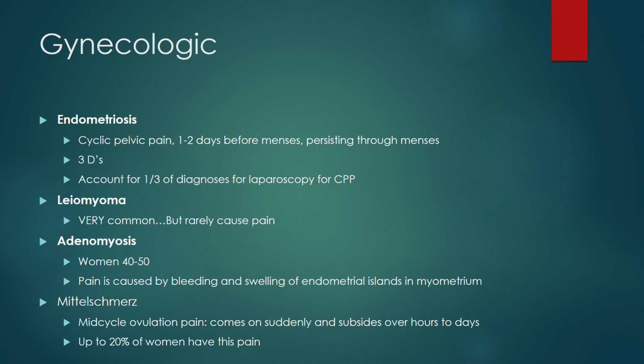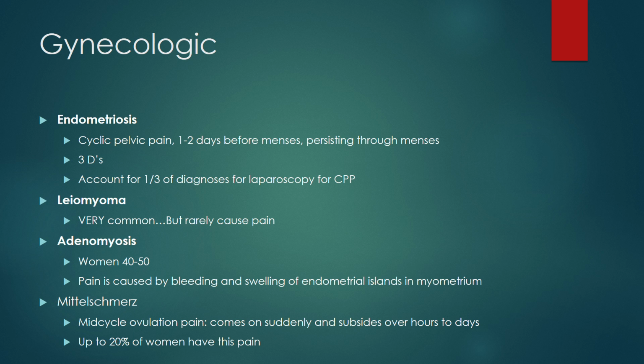So that's an important historical tidbit. Remember the 3 Ds: dysmenorrhea, dyspareunia, and dyschezia. You can also have infertility, and you may be able to palpate a pelvic mass. These do account for a considerable number of the diagnoses when you do decide to go in for a diagnostic laparoscopy.